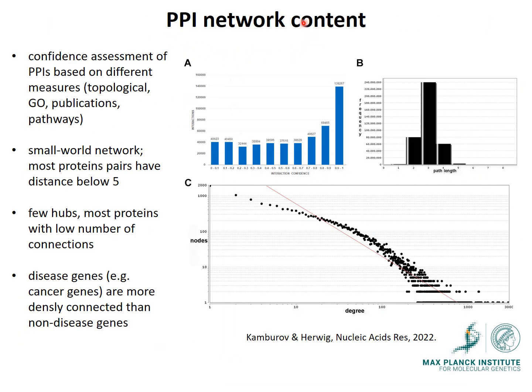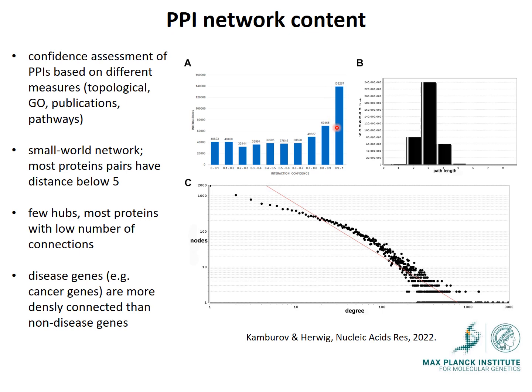The PPI network content of the ConsensusPathDB, as I said, is around 600,000. However, we made a confidence assessment of the protein-protein interactions based on different measures, and we can basically assign a high confidence interaction network, which consists of something like 140,000 different interactions, where we are very sure that the interactions are not false positives, but rather true.